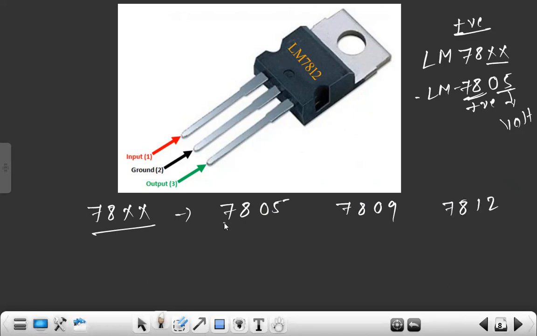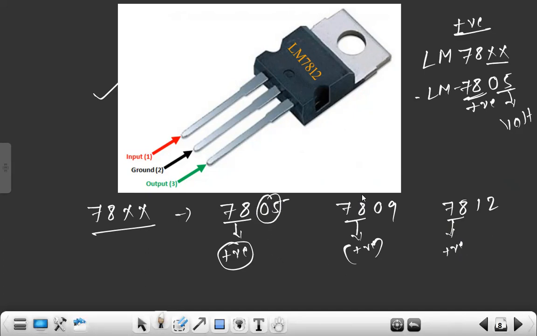12, it is 7812. This 78 of LM is defined for a positive regulator. This is a positive regulator, this again is defined positive, and this also is a positive regulator IC.